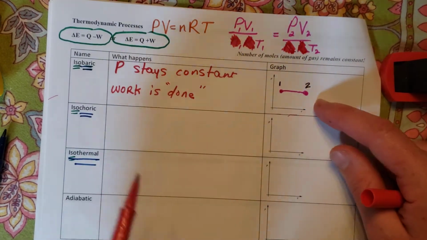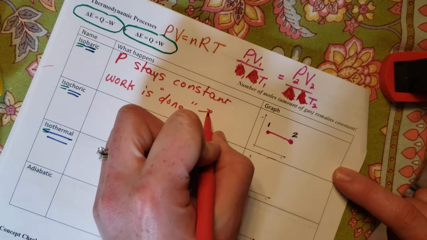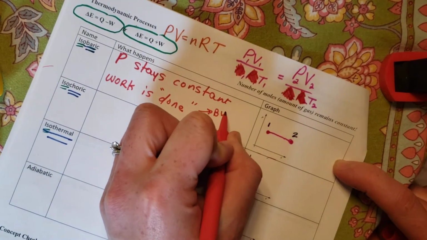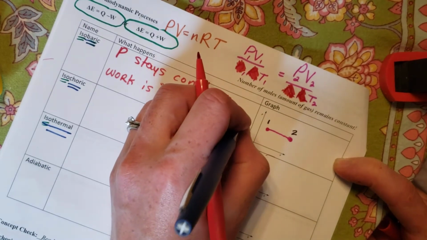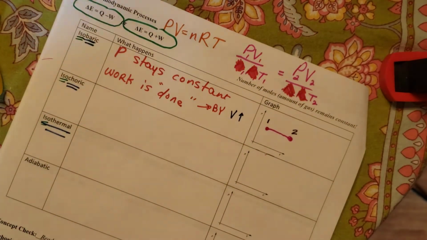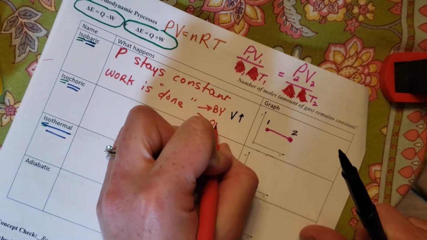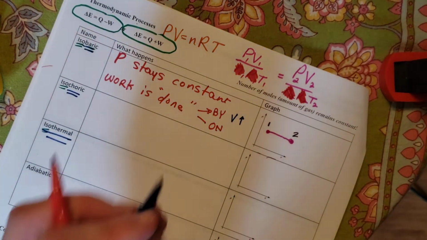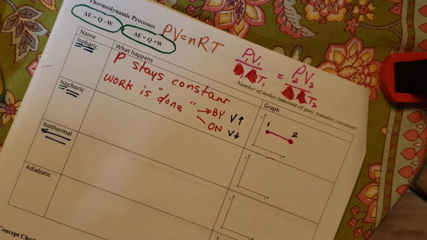We'll need to know if the volume is increasing or decreasing. Work done by the gas means that the volume increased. And boy, this would be that time to have color coding pens, friend. If work is done on the gas, that means that the volume decreases.